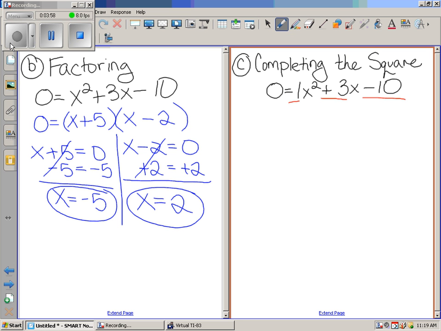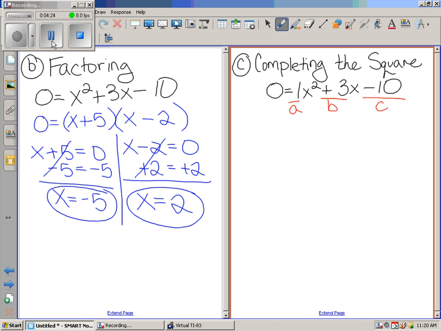What about numbers by themselves, like 10? It's called a constant. When they're in quadratics, we denote them by letters just so we can tell the difference: A, B, and C.